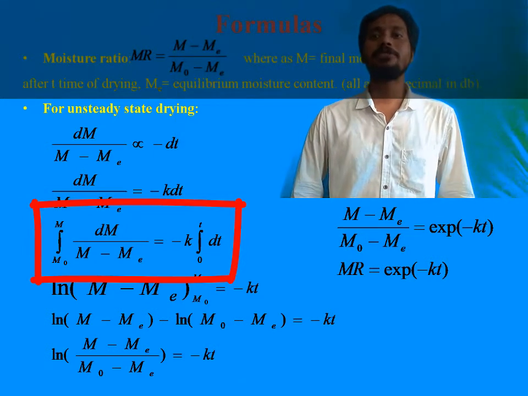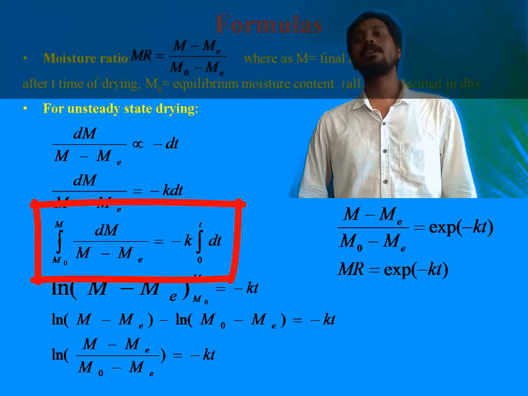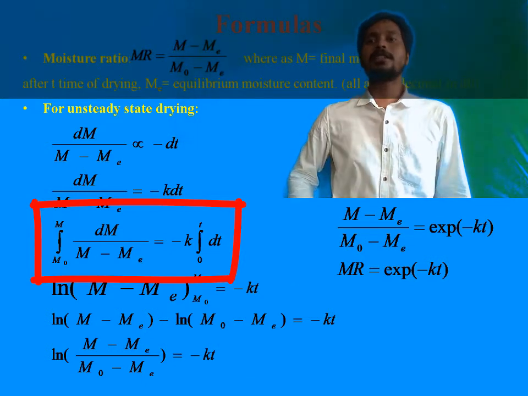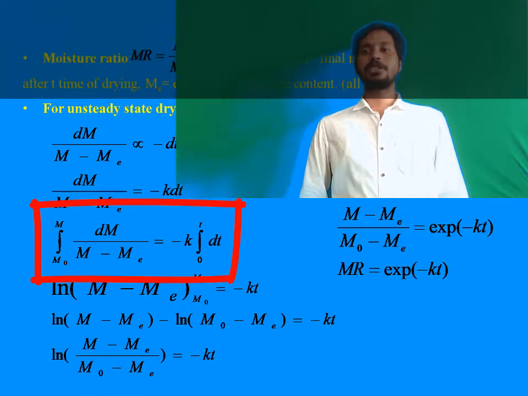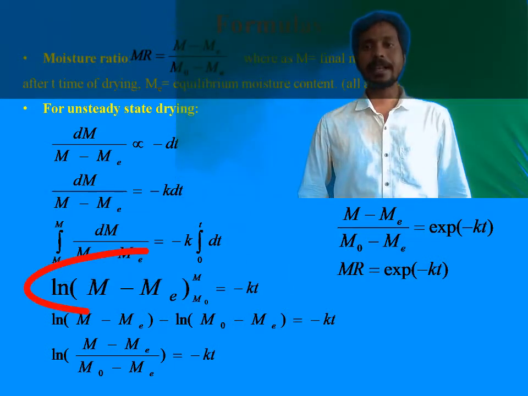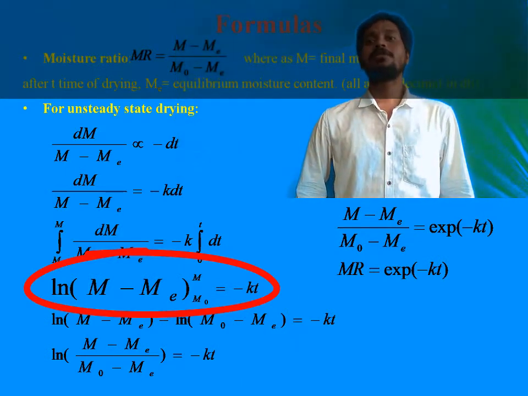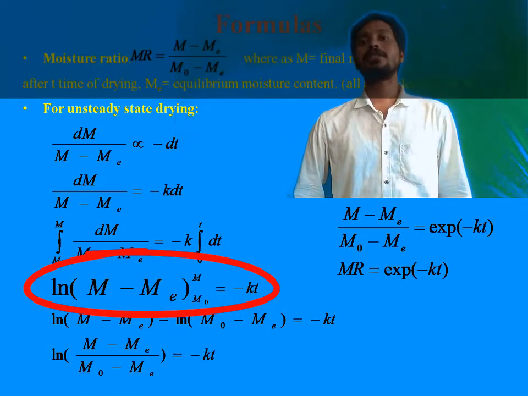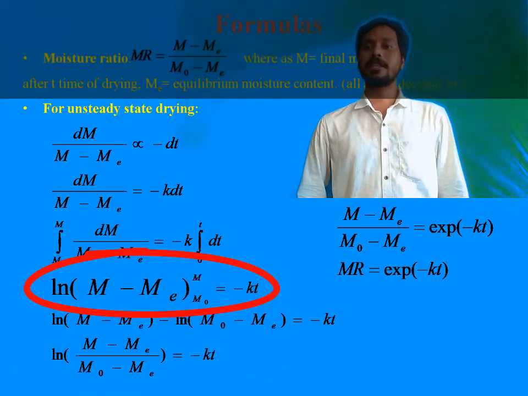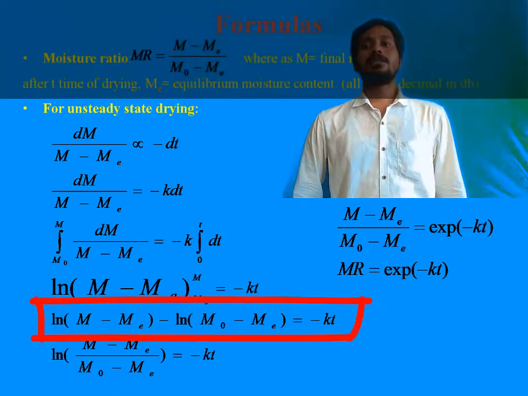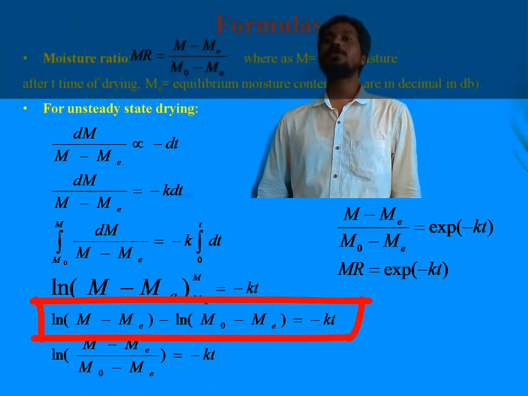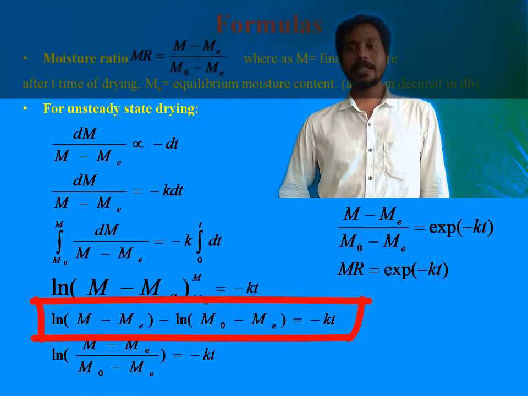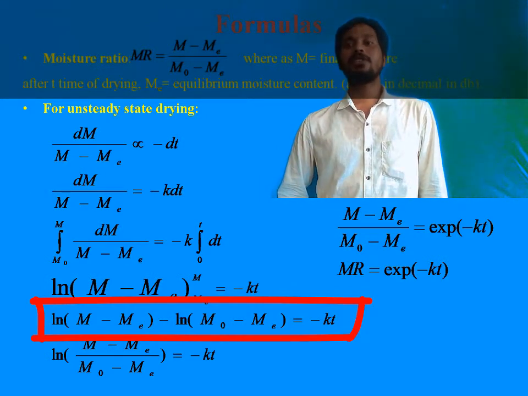On the left hand side we integrate from m0 to m of dm by (m minus me), equals minus k, the constant, which I have taken out, times the integral of dt from 0 to T. Integrating, it becomes ln of (m minus me) with limits m0 to m, equals minus kt. Applying the limits, first m and then m0, we get ln of (m minus me) minus ln of (m0 minus me) equals minus kt.